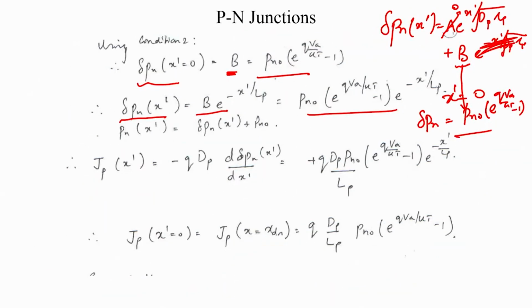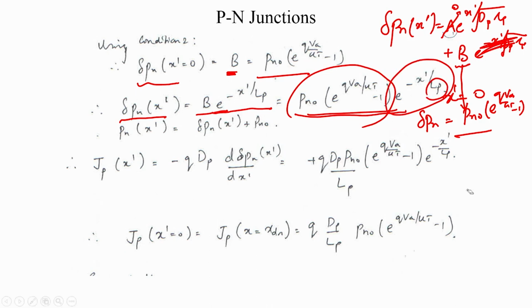So, you find that this is the expression for the excess holes injected into the n type material in a PN junction diode in forward bias. So, you have this term here which is your B, and you have that term here which tells you an exponential dependence with distance, and Lp is your diffusion length, where Lp is equal to square root of Dp tau p.